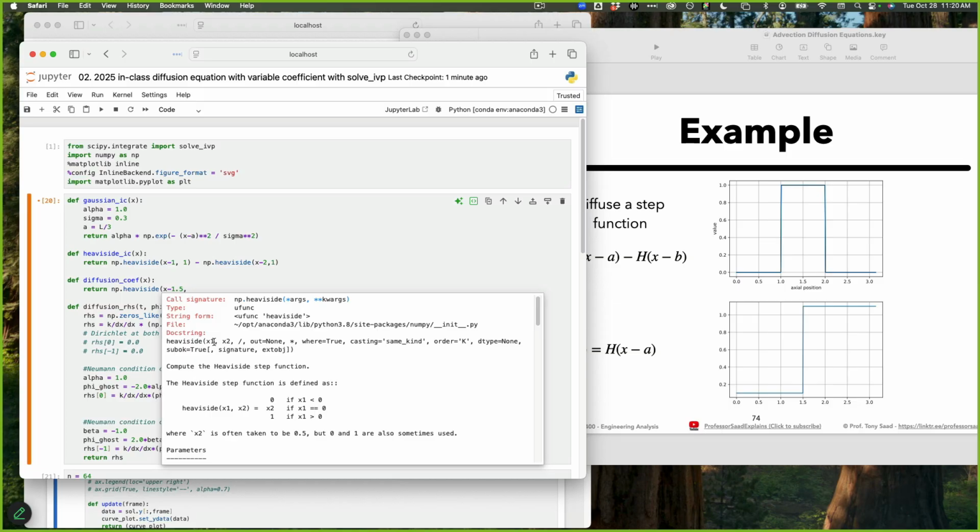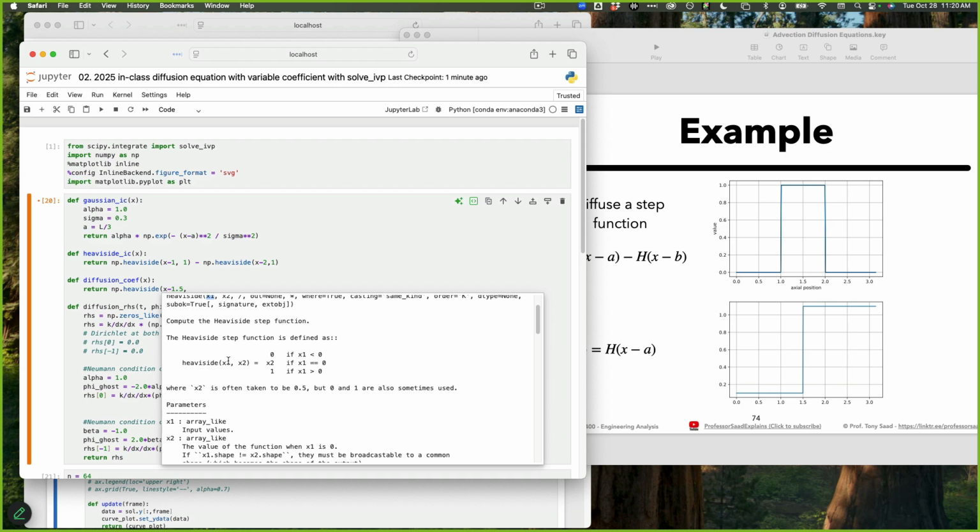Technically, what they allow you to do: if x1 is less than 0, then it's 0. It's equal to x2 if x1 is 0, and then equal to 1 if x1 is greater than 0. Okay, so this is great.